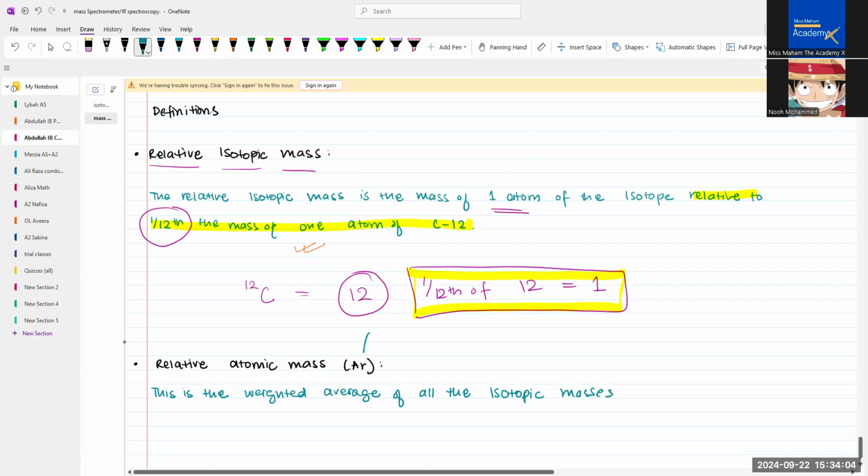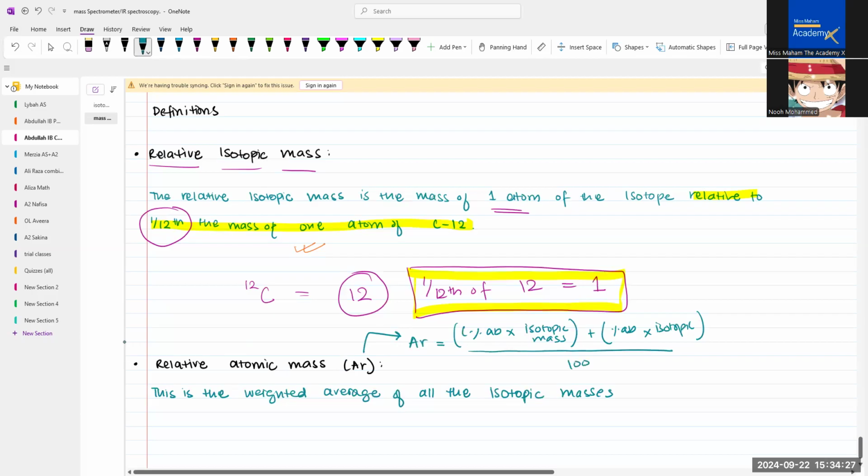The formula is percentage abundance times isotopic mass for one isotope plus percentage abundance times isotopic mass of another isotope, and all of this over 100.